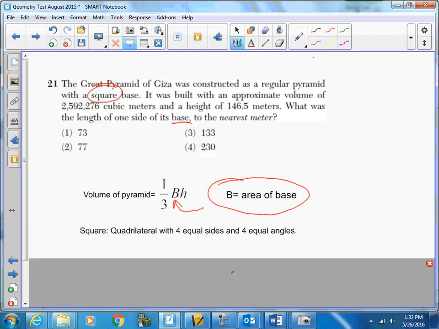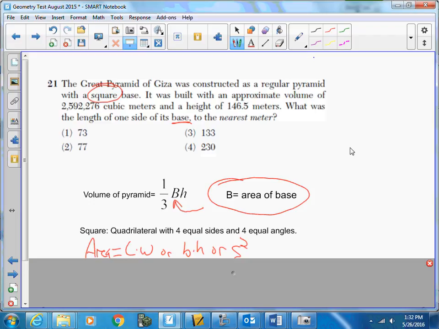First of all, what is a square? Well, a square is a quadrilateral with 4 equal sides and 4 equal angles. And the area is equal to length times width, or base times height. Or you sometimes see it for a square as just side squared, S squared.